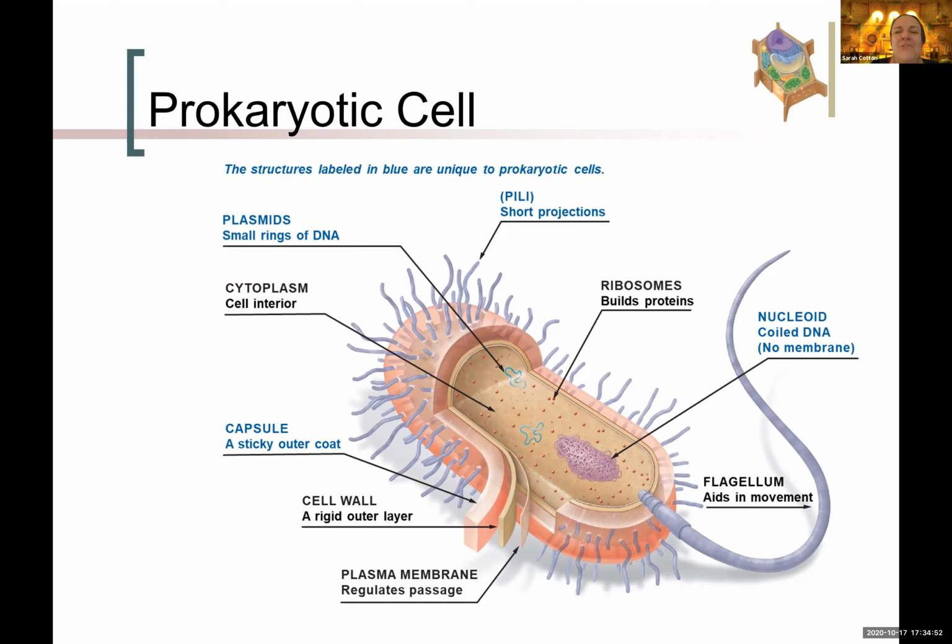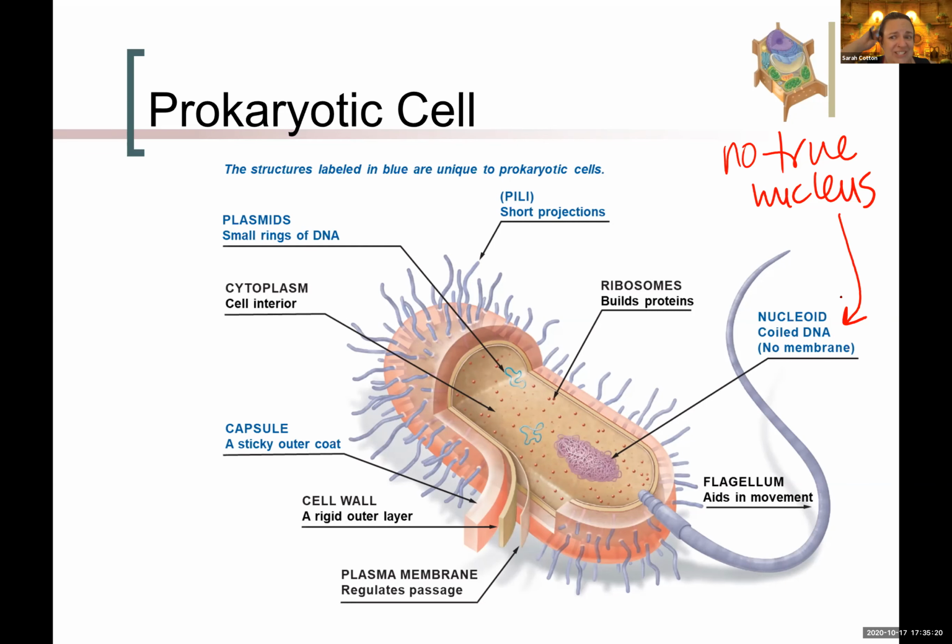So remember, the sort of big defining feature of prokaryotic cells is that they do not have a true nucleus. And so we'll talk more about the anatomy of a nucleus a little bit later. But the idea is that they have their DNA kind of wadded up in a pile.